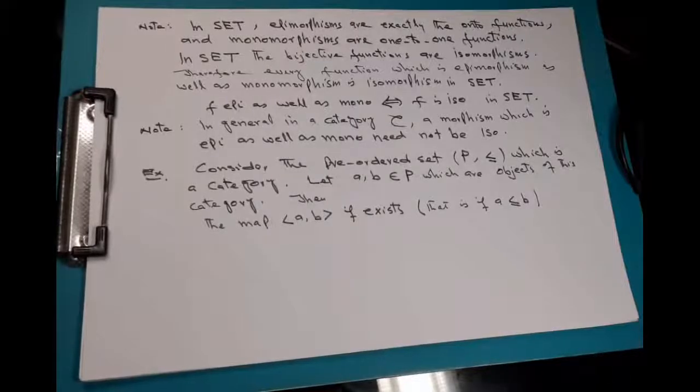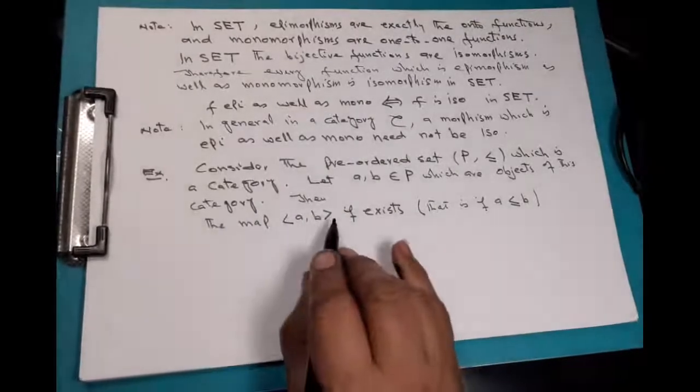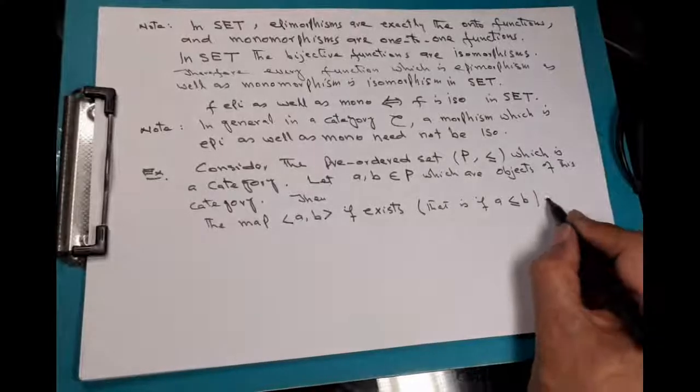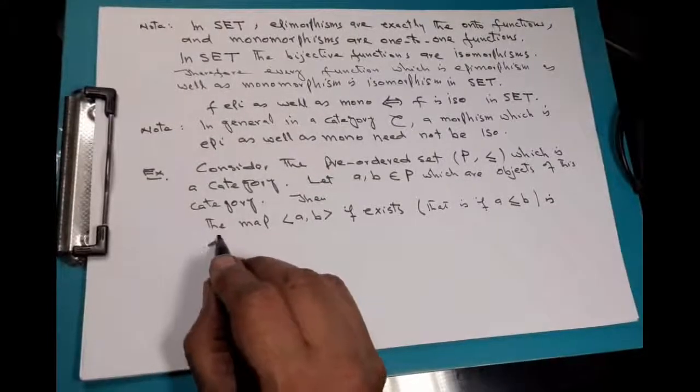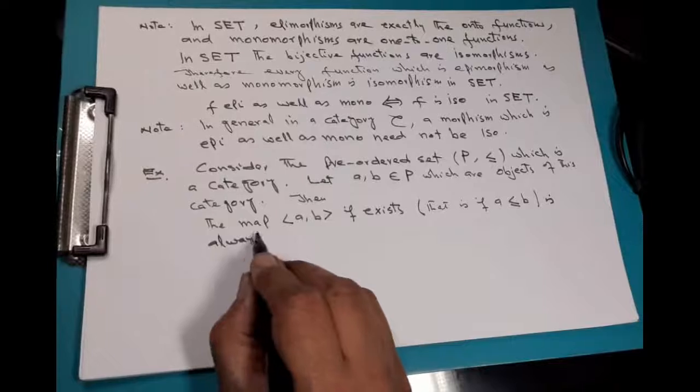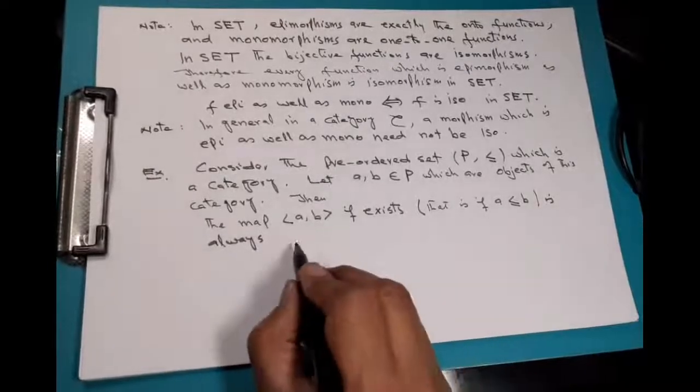So the map, if it exists, is always epi.